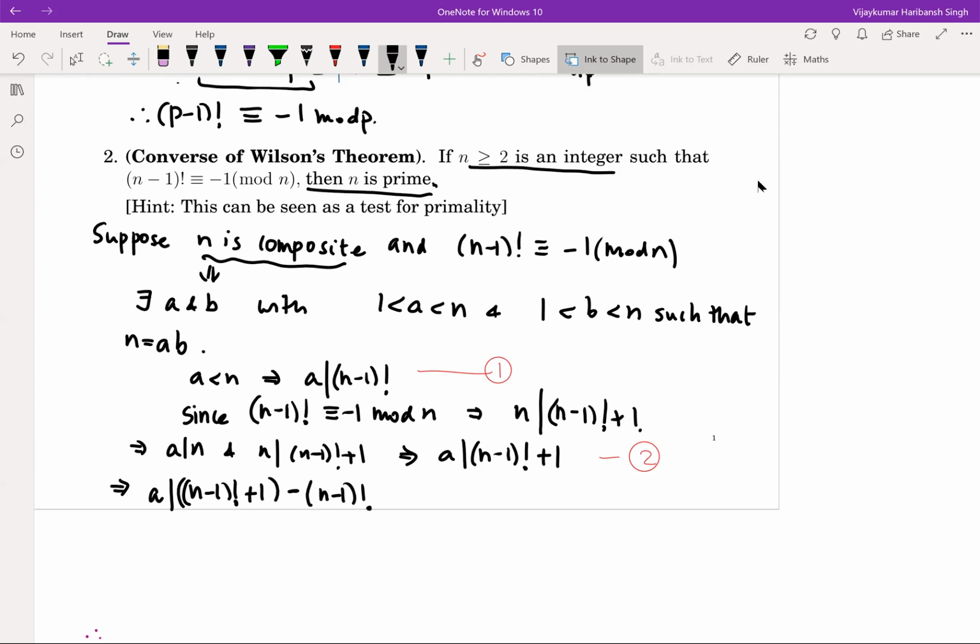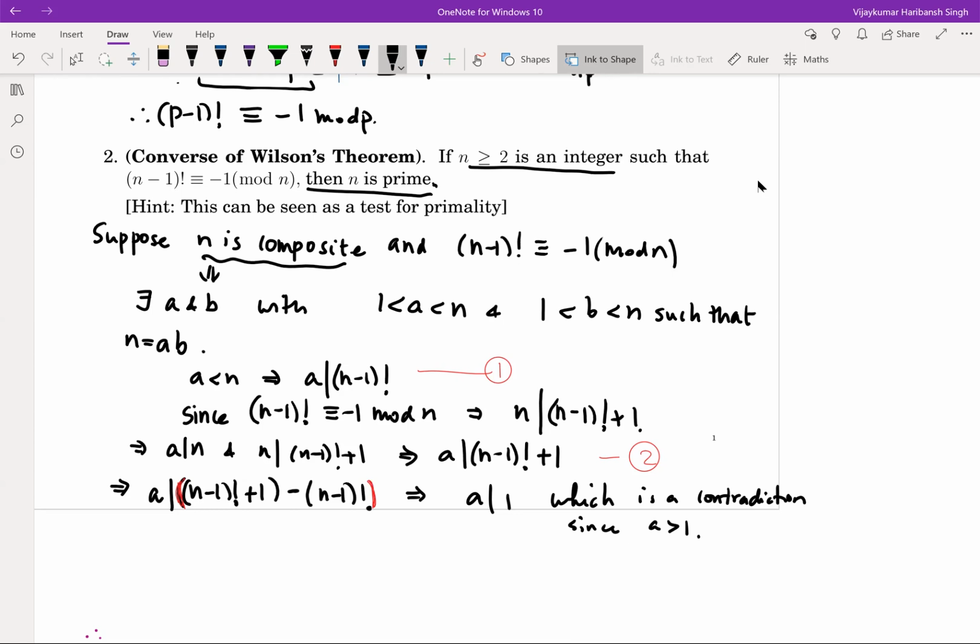Let me just make the bracket clear. So a divides this, but this implies a divides what is left out? 1, which is a contradiction, since a is bigger than 1, right?